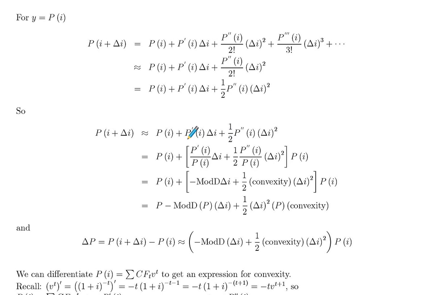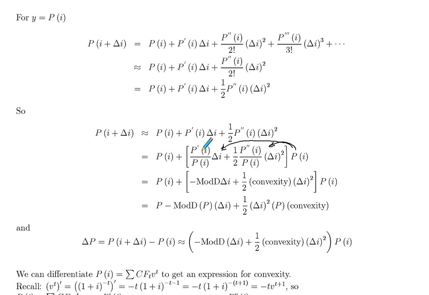So inside here I'm going to divide this term and this term by the price, p of I. Okay, so I divided by p of I here and here, and then I multiplied on the outside to compensate. So all I did was multiply by 1. And you can double check, if you multiply this p of I back in times each term here, then these guys would cancel out and you get back to this expression.